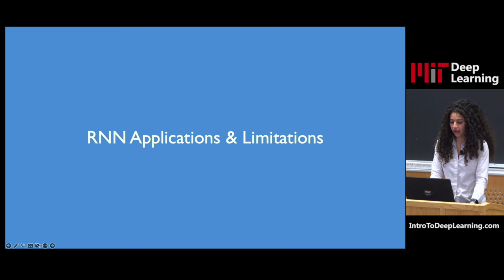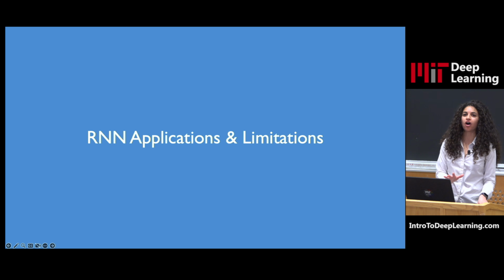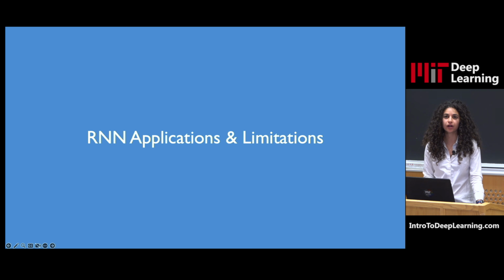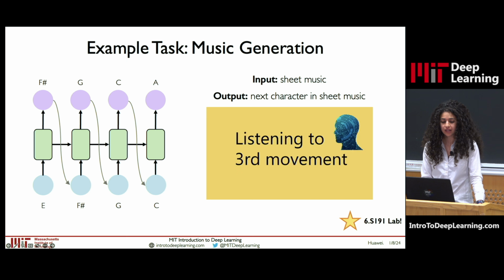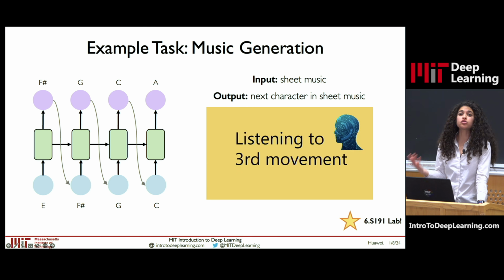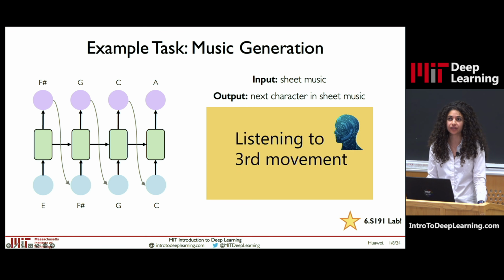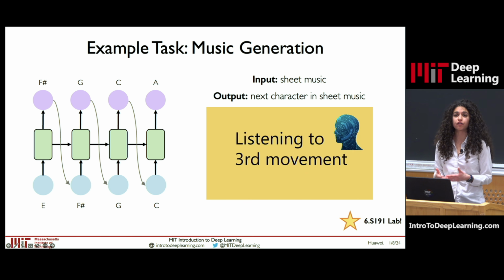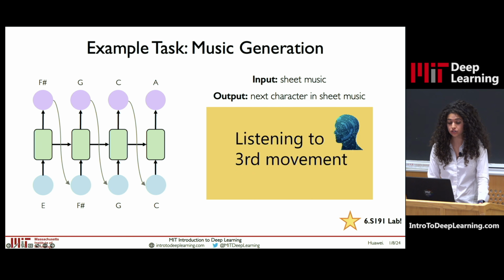Okay, so to close out our discussion on RNNs, we're going to touch very briefly on some of the applications where we've seen them employed and are commonly used. One being music generation. And this is what you're actually going to get hands-on practice with in the software labs, building a recurrent neural network from scratch and using it to generate new songs.